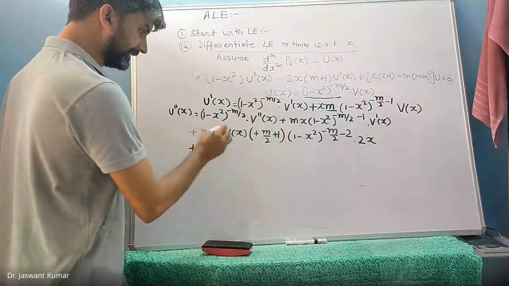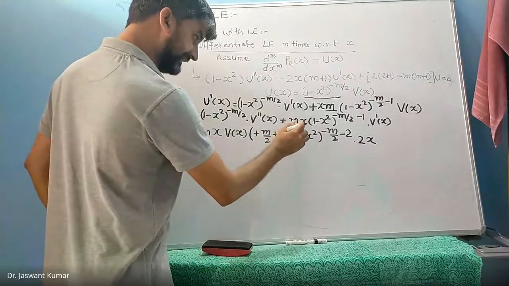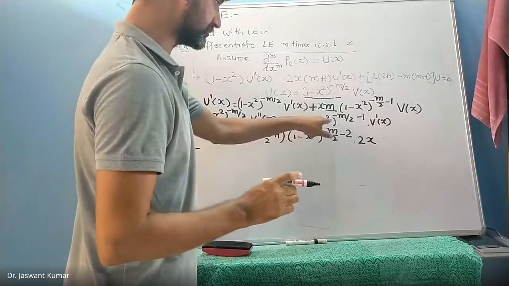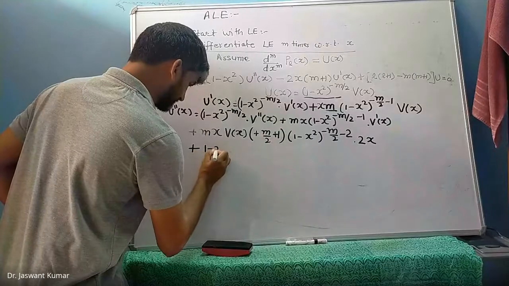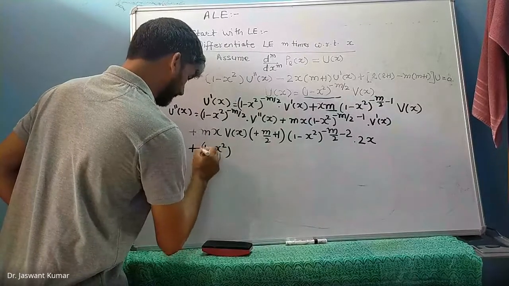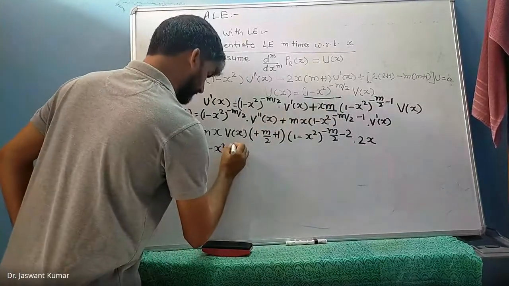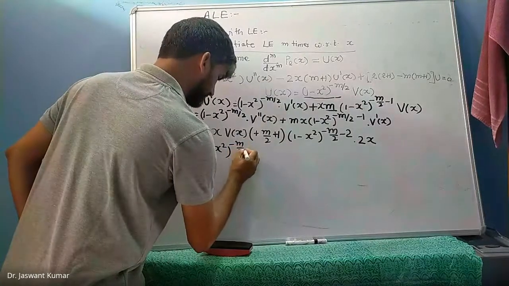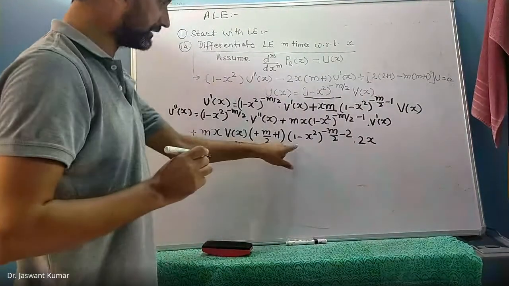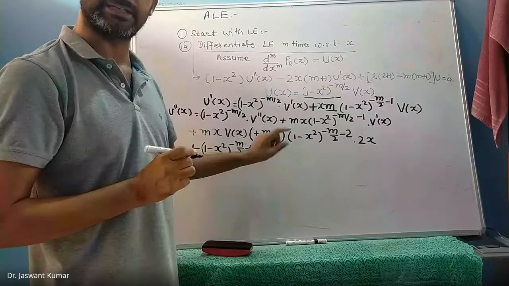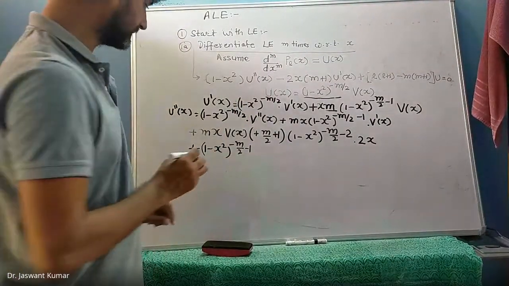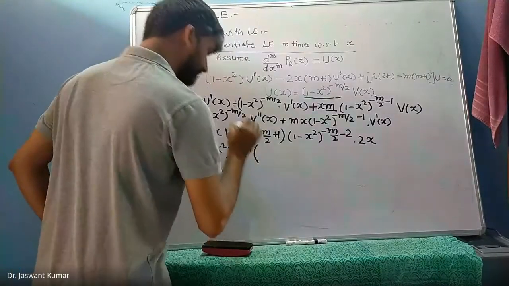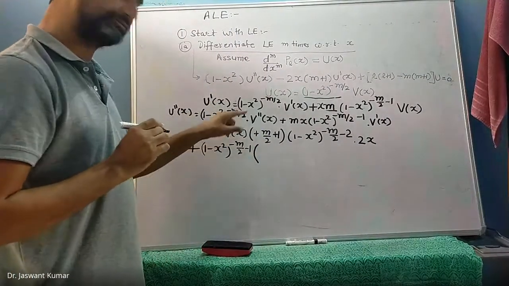So in this we find, because the second term we know is (1 minus x squared) to the power minus m by 2 minus 1. I write this as (1 minus x squared) to the power minus m by 2 minus 1. Because this was my second term, and the second term I have already differentiated over here, I do not need to differentiate it again. So this is my second term times differentiation of mx vx.